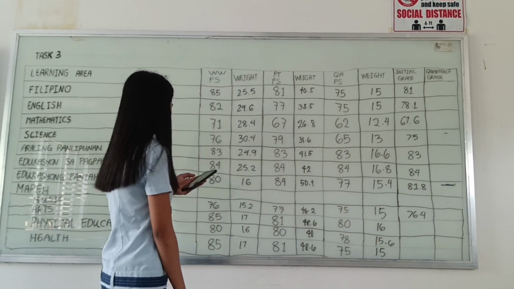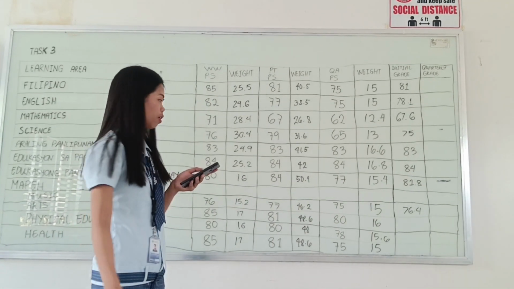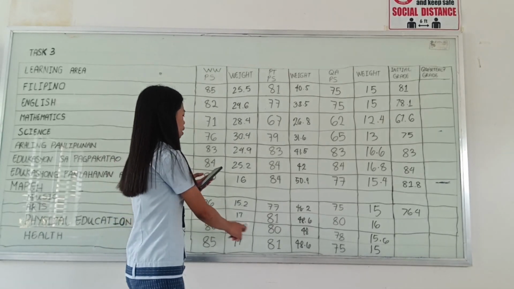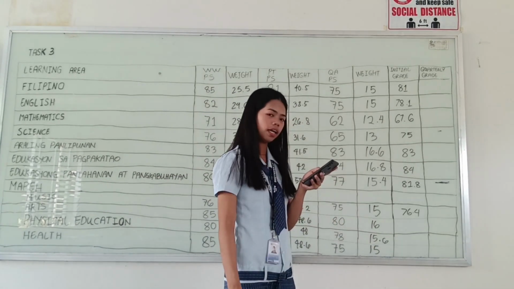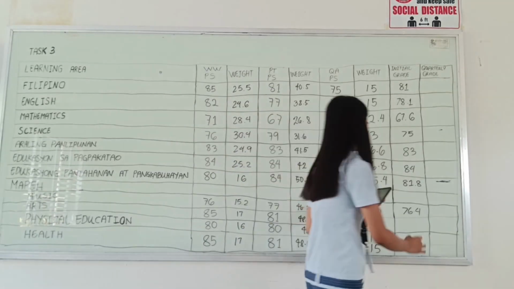And for the Arts, all the weighted scores will be added also. So therefore 17 plus 48.6 plus 16, the initial grade is 81.6.